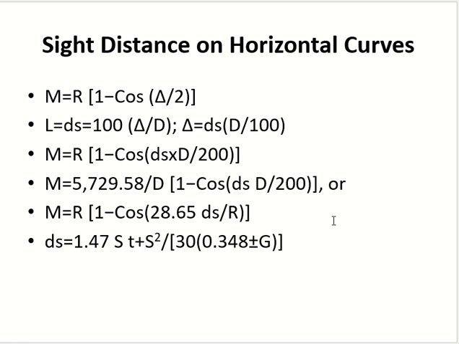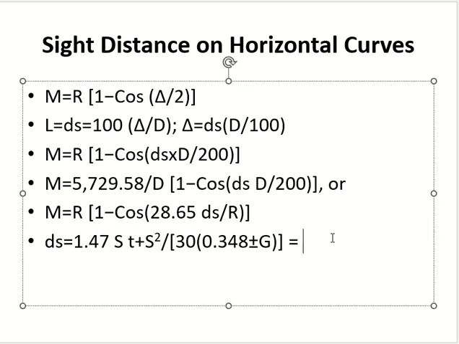And it's a level terrain, so no gradient. So how much is my sight distance? Tell me. Speed? 70. Time? 2.5 seconds. If not given, we assume 2.5 always. Perception reaction time.